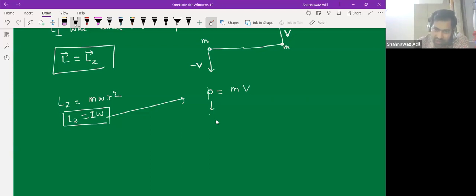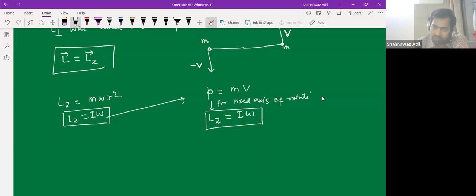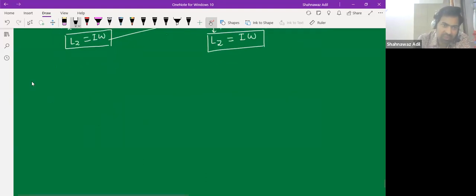Similarly, the angular momentum z component would be I omega, and this is for fixed axis of rotation. But if your axis of rotation is changing, then this would be different, right? Okay, so from the last topic, which is conservation of angular momentum, right?